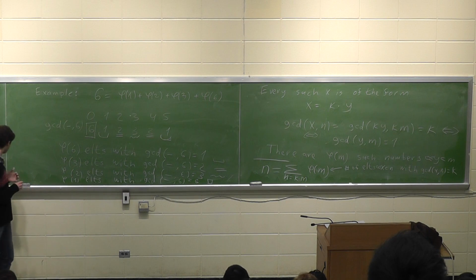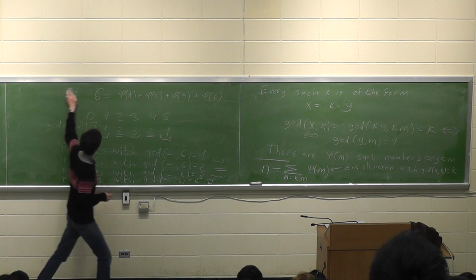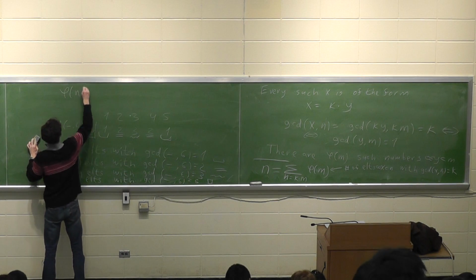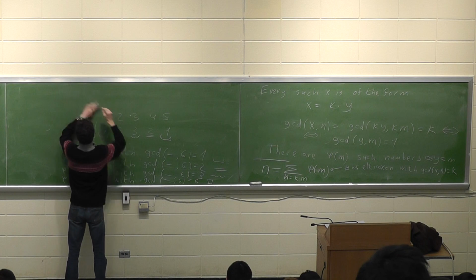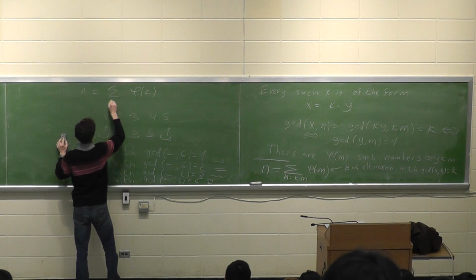Okay, so we have this identity. Once again, let me write it down. n is equal to the sum of φ(k) over the divisors k of n.